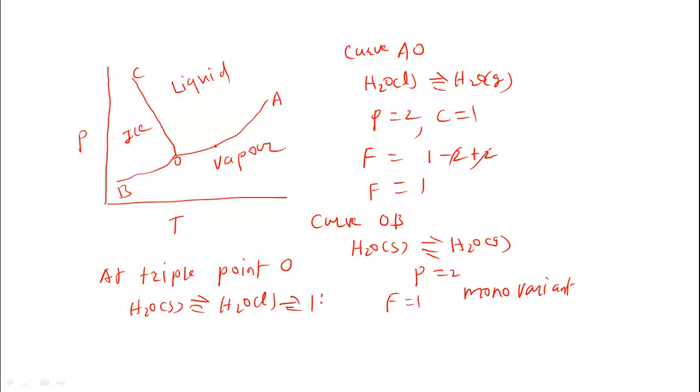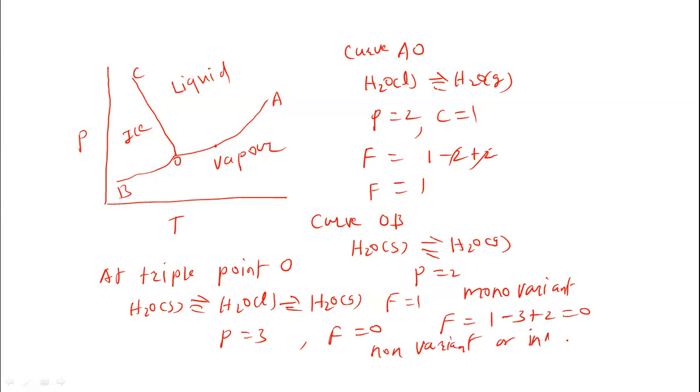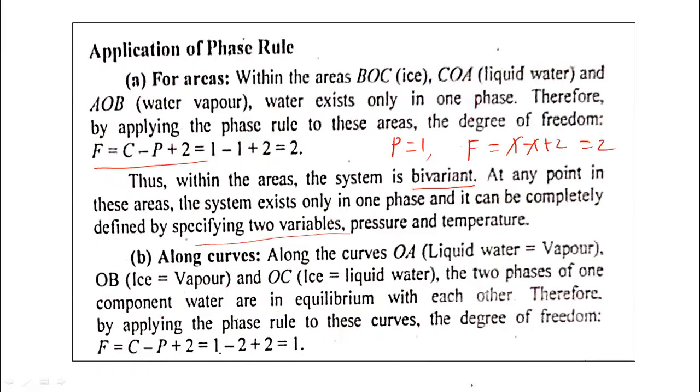You can see all three phases are existing here. So we can write P equal to 3. Therefore, F is equal to 0: 1 minus 3 plus 2, number of phases 3, plus 2, which is equal to 0. So it is a non-variant system. This system is called a non-variant system or invariant system.